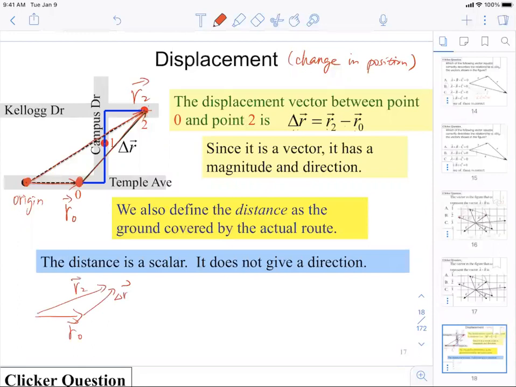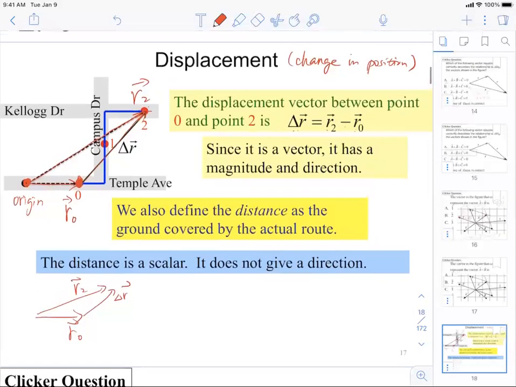So for displacement, you only need to memorize two events. Displacement has to do with your beginning position and your final position, and you draw a vector pointing from the beginning to the end. That is exactly a displacement. It is also a vector, because not only how far you have gone from 0 to 2, but in which direction you have gone also matters.